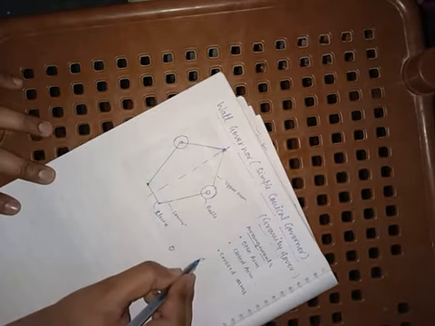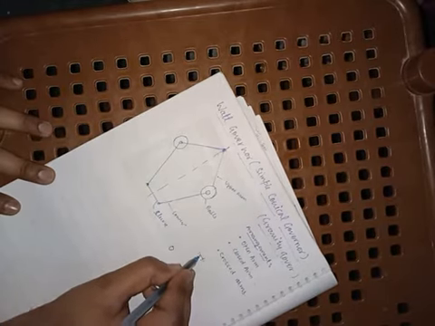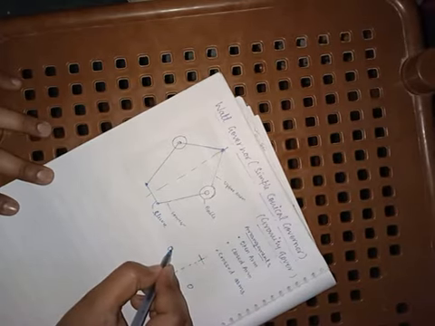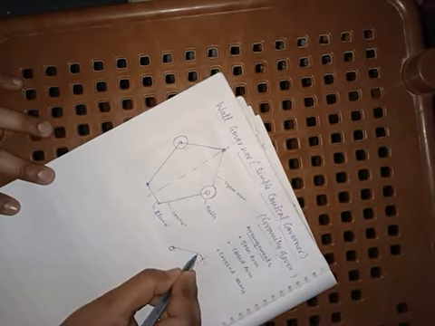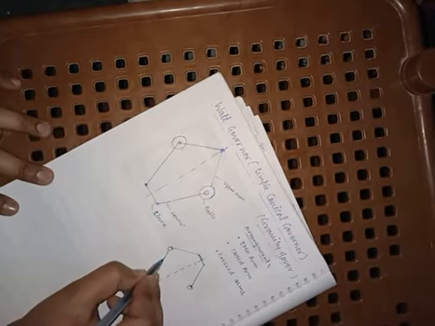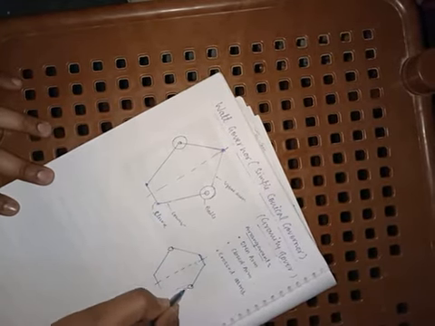The second arrangement may be the case when this is the spindle axis, these are the balls, and the two upper arms are not connected on this spindle axis, but the upper arms are connected with a horizontal link like this. This type of arrangement is called open arm type governor.